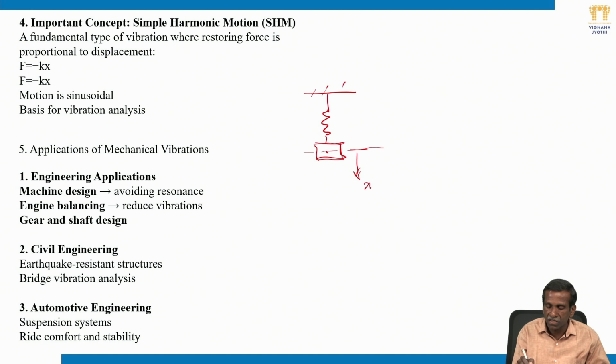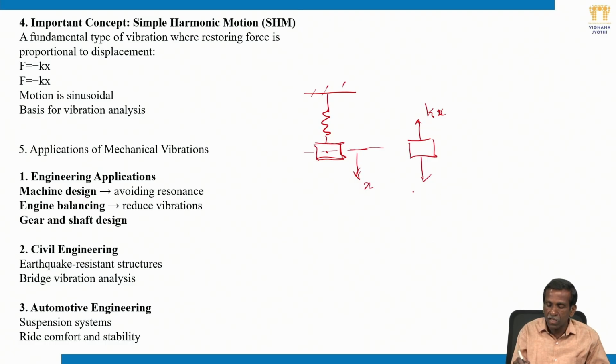Now you displace it by x along the axis of the spring. If you draw the free body diagram, the spring stiffness is k, and kx is the restoring force acting upward, for the displacement x given. What is the equivalent force?